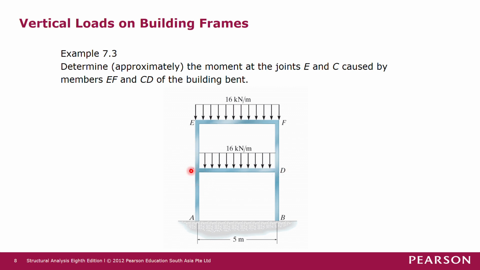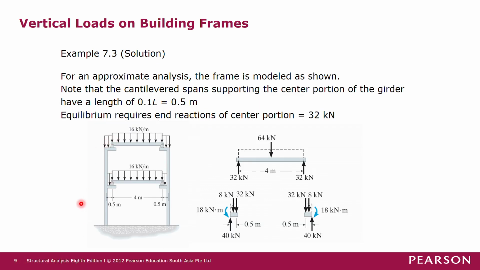So in this case, we have girder CD and girder EF at another level. When we want to analyze this particular structure, we have to make use of the three assumptions that we have just learned previously. So this shows the idealization of the structure.